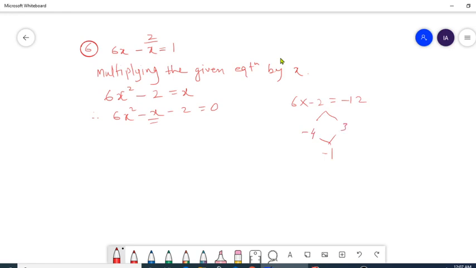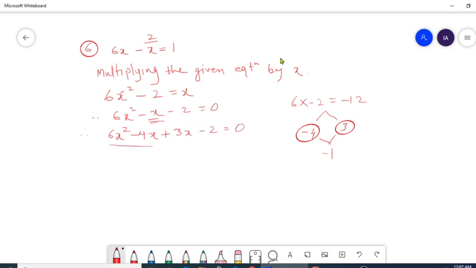When you multiply these two factors, you will get minus 12. On adding, they will give you minus 1. So I can substitute this minus 4 and 3 in place of the middle term. This way we can write it as 6x square minus 4x plus 3x minus 2 is 0.